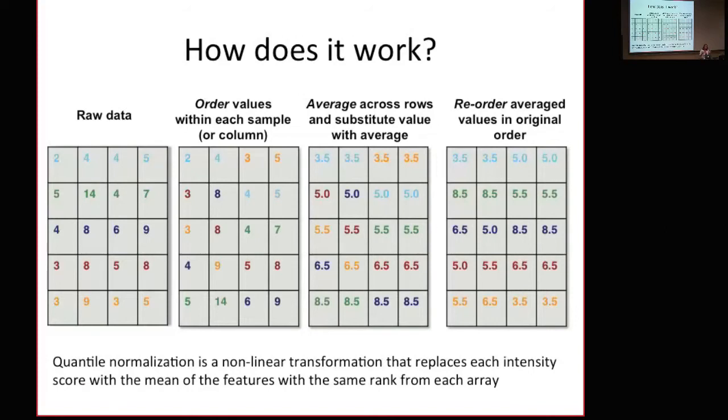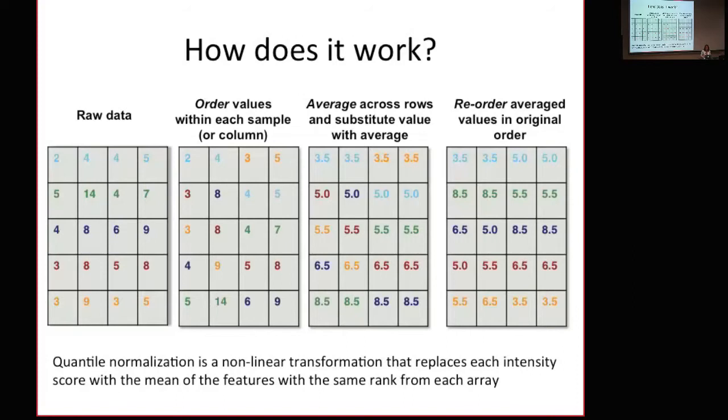So if the distributions are generally the same and you just have a lot of technical variation that you want to remove, quantile normalization will do it. But if you have two sets of distributions that look very different from each other, quantile normalization makes those distributions the same.